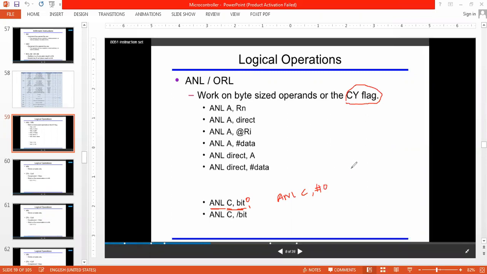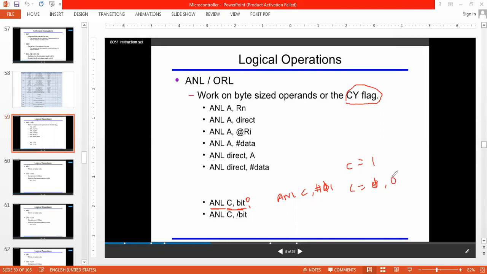If C is equal to 1, then after execution of this instruction, C goes to 0. And if I provide 1 here, the C will remain 1. If C is equal to 0, and if this is 0, C is equal to 0 only. And if it is 1, then also C is equal to 0 only. So AND logic is basically used for masking purposes.